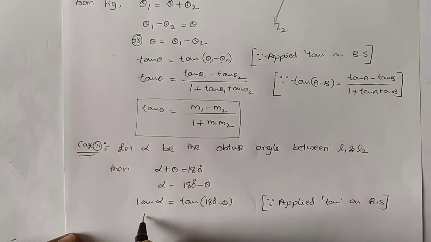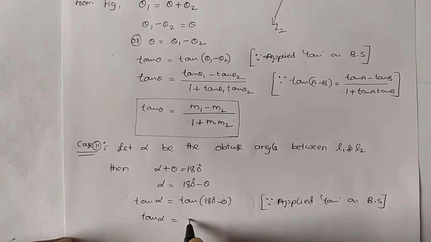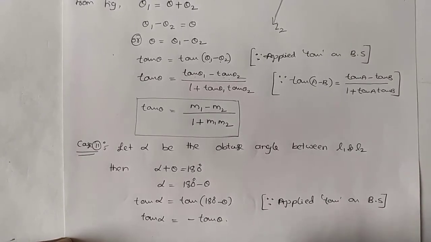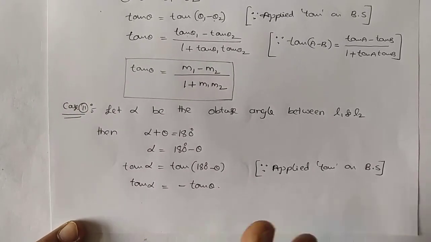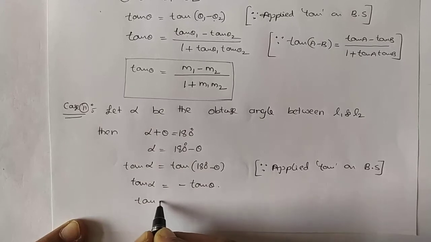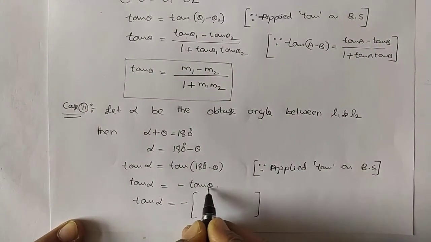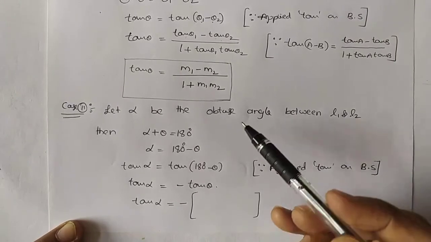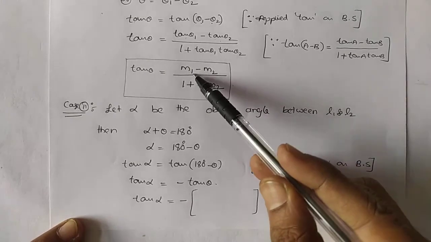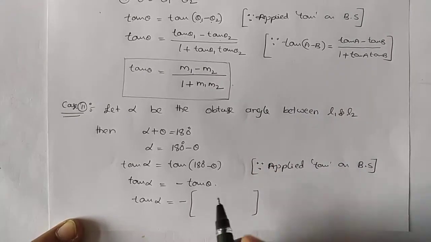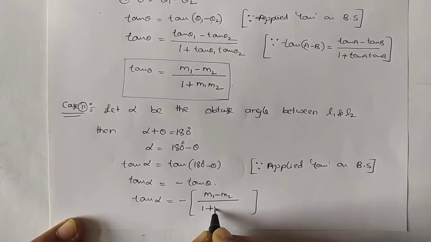Now tan of 180 minus theta is what? Minus tan theta. So tan alpha equals minus tan theta, which we found in the first case. Tan theta in the first case is m1 minus m2 by 1 plus m1 m2. Substitute it.